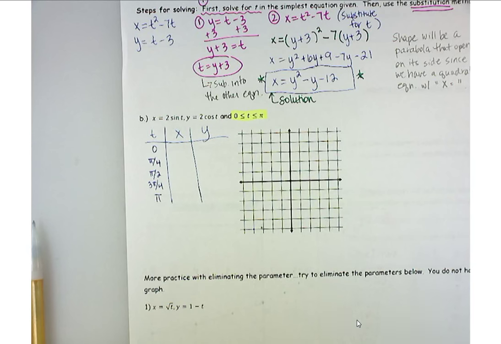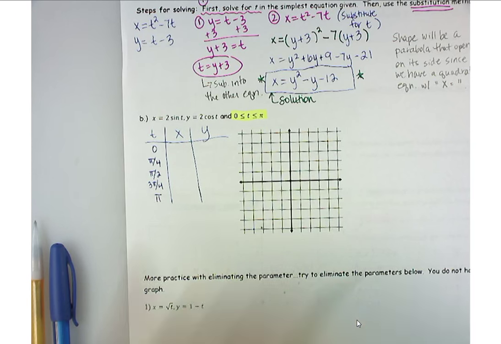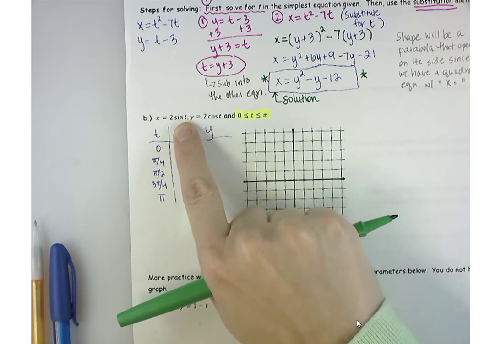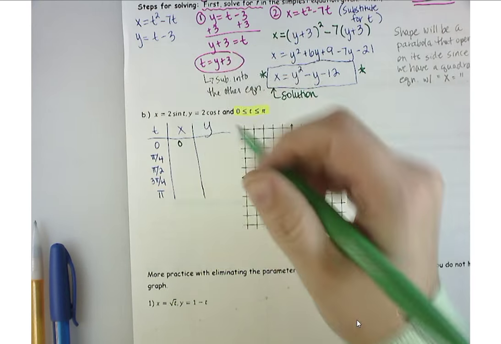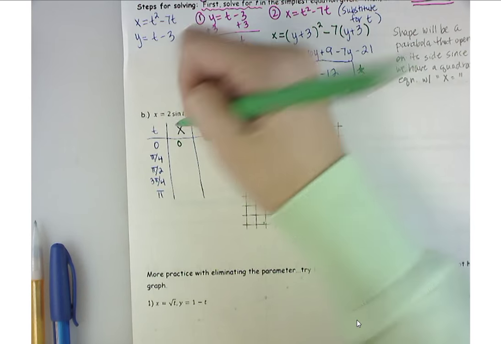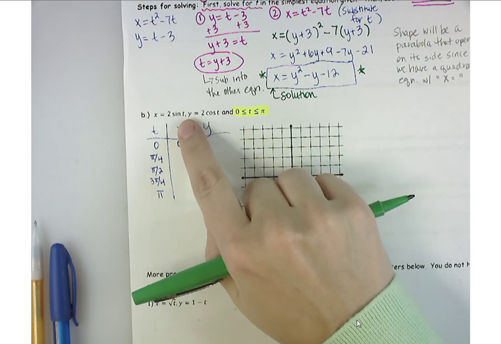Okay, so what we can do, again, is we can graph it and use our table, but we can also plug it in. What's the sine at 0? 0. So then this is just going to be 0. Okay, for pi over 4, the sine at pi over 4 is what?